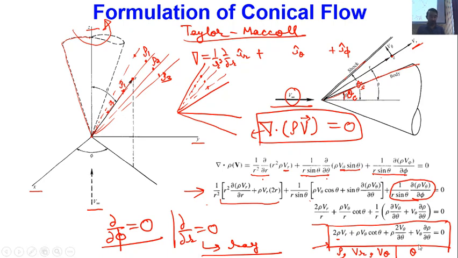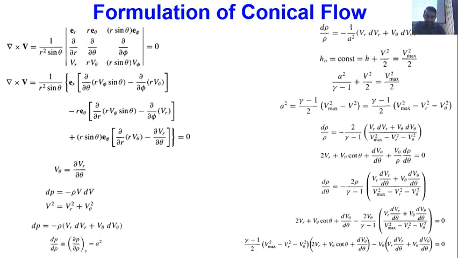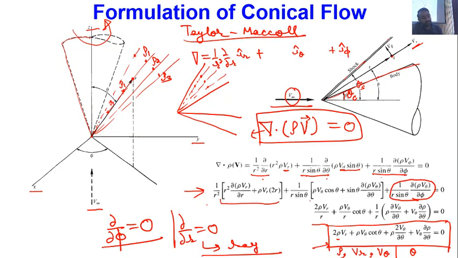So what we have to do, we have to get more equations, and also till now we have only seen the continuity equation. Okay. Now let's come to the second situation. So the second point is, in case of conical flow, always this shock wave will be nothing but a straight line. It will not be curved if it is attached to the surface.